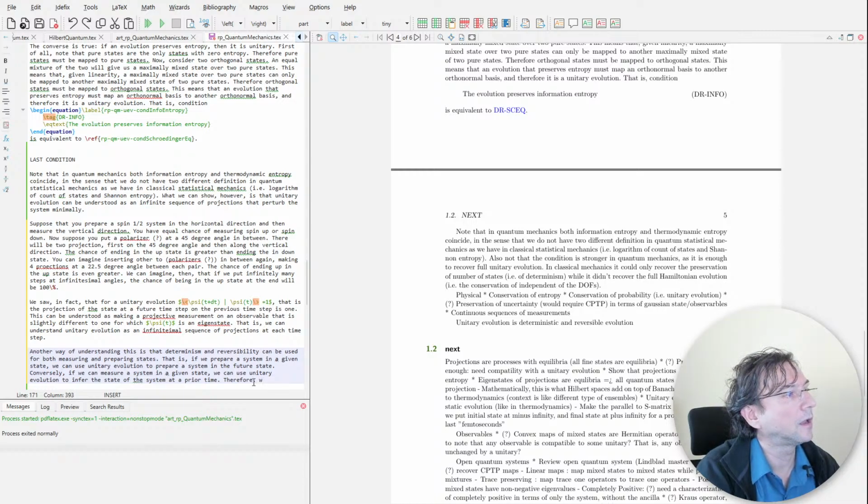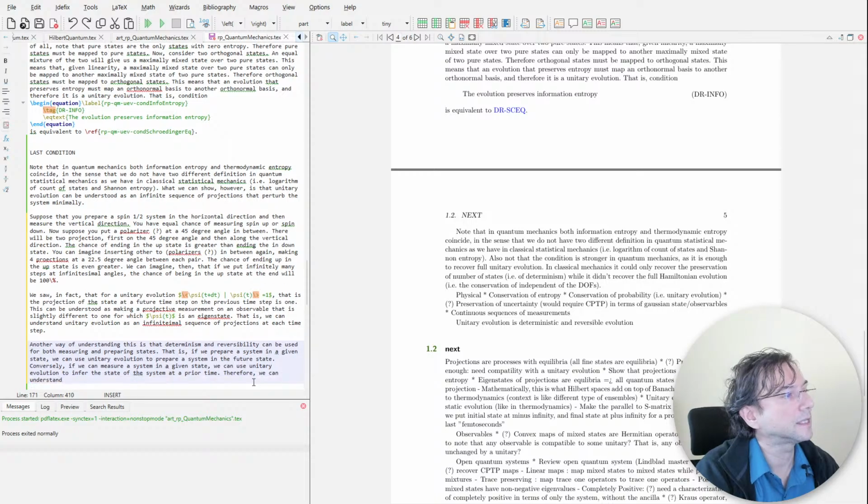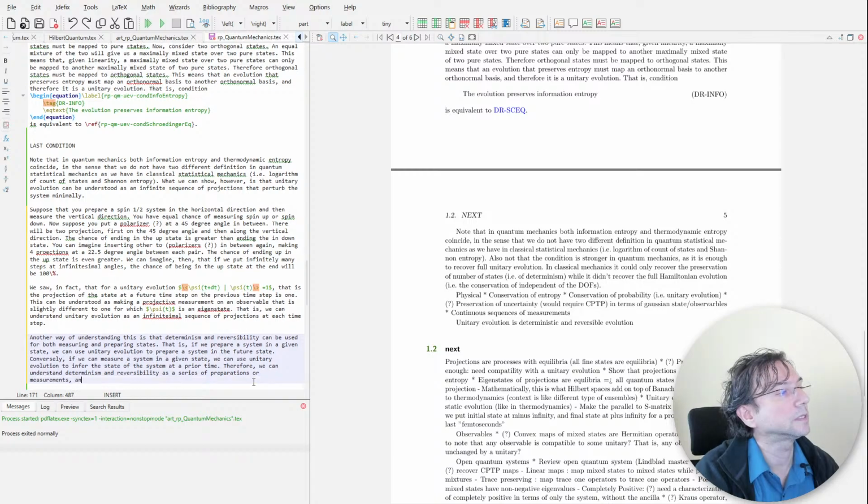Therefore, we can understand determinism and reversibility as a series of preparations or measurements, and measurements in quantum mechanics are projections.